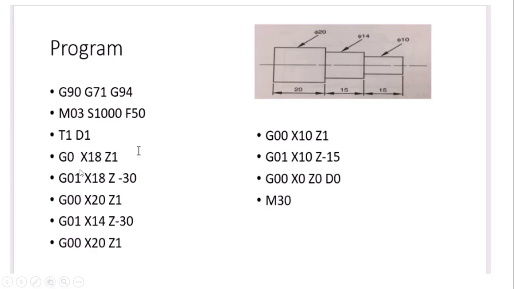Whenever I position my tool, I will position it with G0, X18 and Z1, because the horizontal direction is my Z direction and the vertical direction is my X direction. You can see the axis identification video to find out which direction is Z and X. Clear? Because we are doing it on a CNC lathe machine.